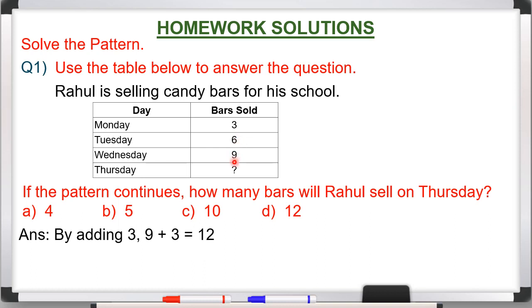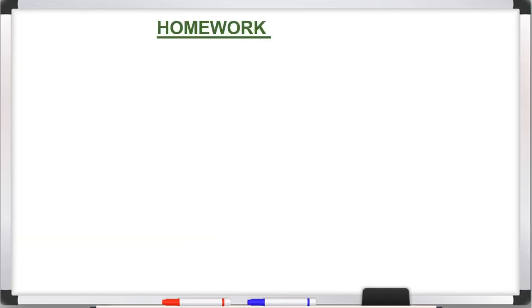So by adding 3 in 9, our answer will be 12. 9 plus 3 equal to 12. So option D, 12 is correct. Clear? In homework solutions, now we will discuss question number 2.